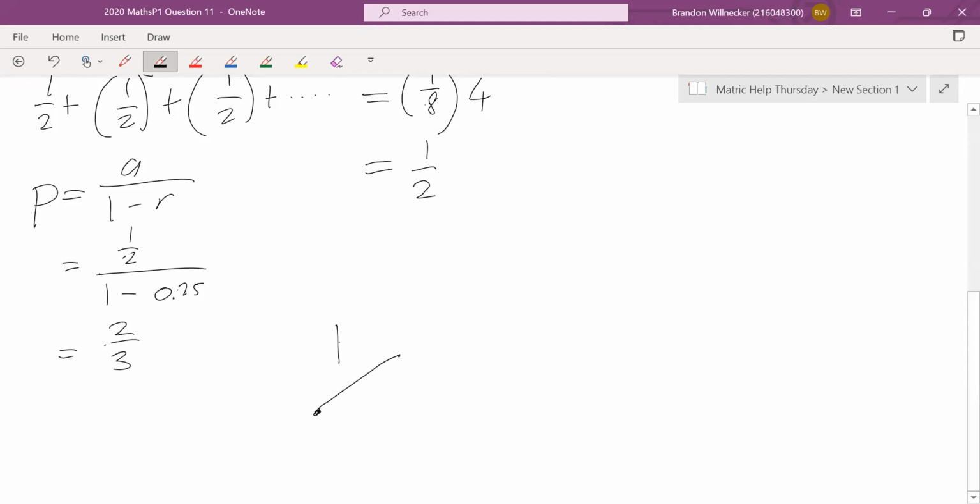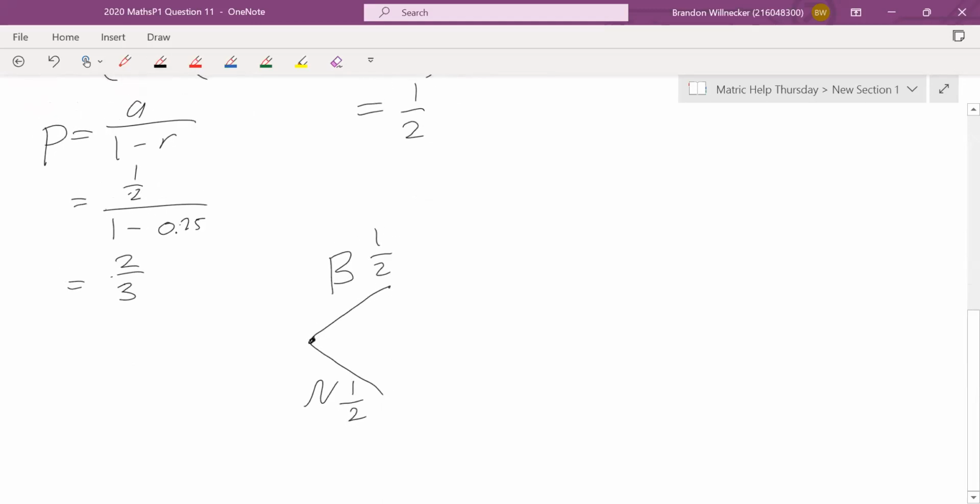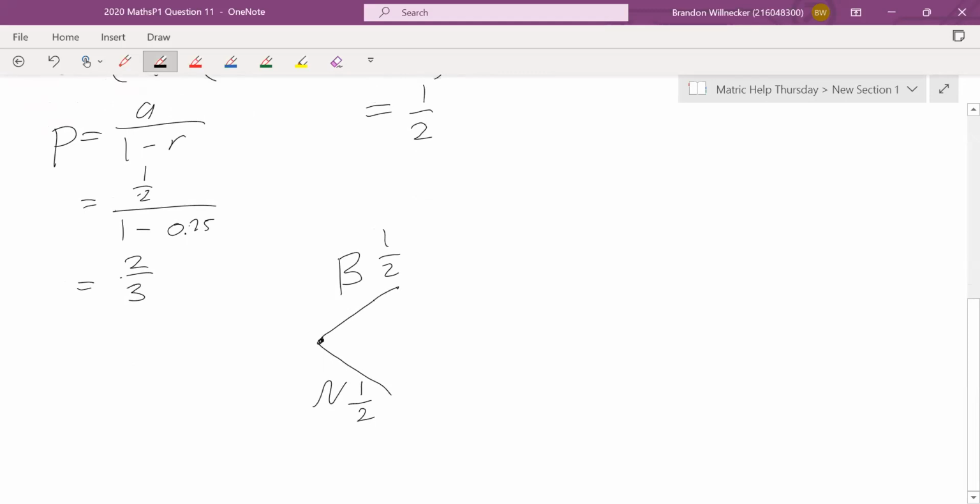They can either hit the target, so that's a bullseye, with the probability of 1/2, or they could miss, so not a bullseye, and that will be also probability 1/2. So that's the first shot being made. Now, if they hit it as a bullseye, they've already won. Okay, so we can take that.